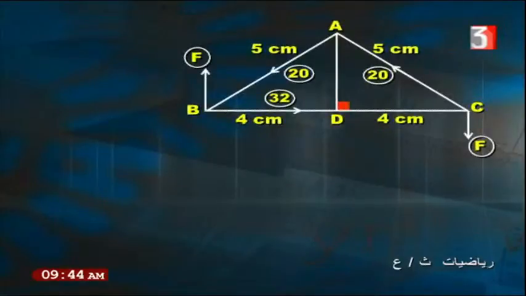Solution. Look, my dear student, in the opposite figure we have ABC, an isosceles triangle. The side lengths AB equals AC, each one 5 centimeters, BC equals 8 centimeters, AD perpendicular to BC.